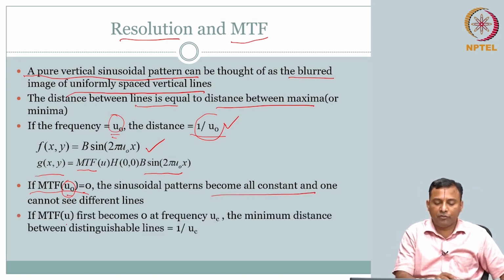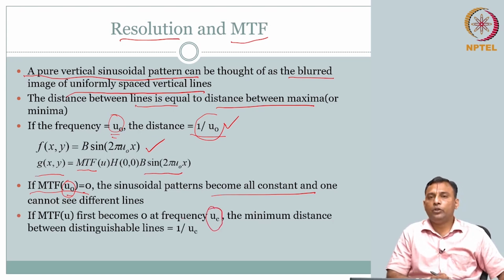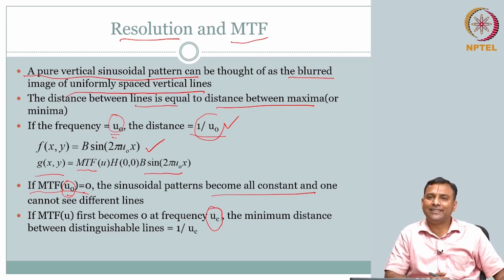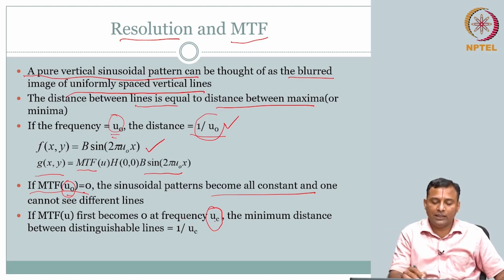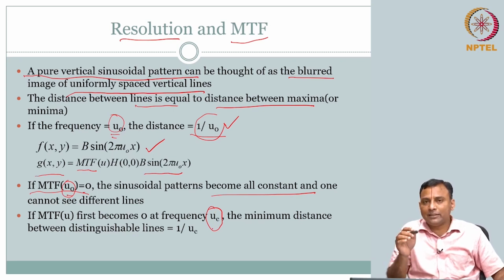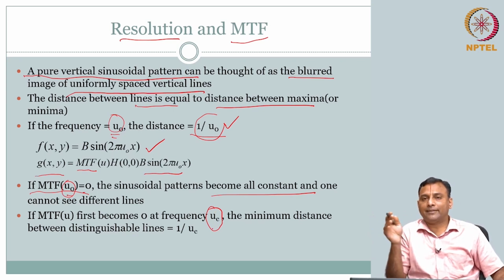So if MTF of u first becomes 0 at a certain u suffix c, what is that? Cutoff frequency, critical frequency, right? I mentioned that it is kind of a low pass filter, so you can think about this as a cutoff frequency. In frequency terms it's easy: after that cutoff frequency the system is not passing.